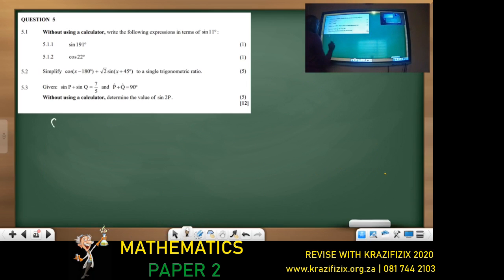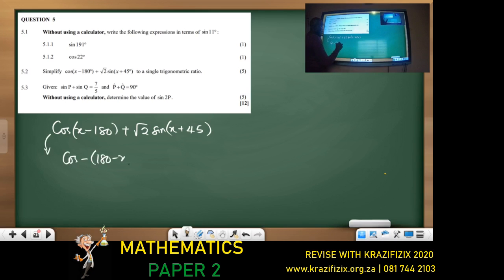Alright, it's cos x minus 180, plus root 2 sine x plus 45. Now, if I look at cos x minus 180 and you're good with your reduction, this can be written as cos negative 180 minus x.